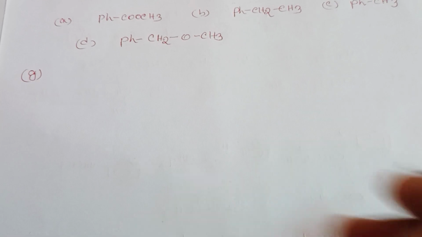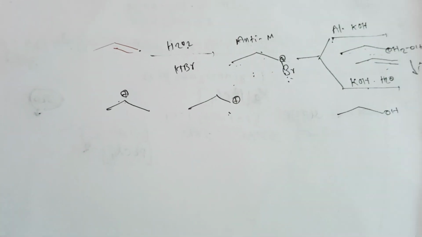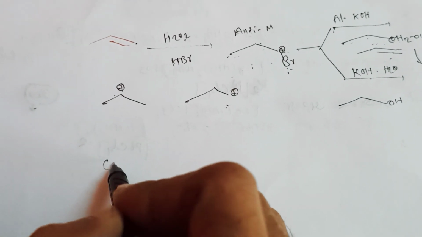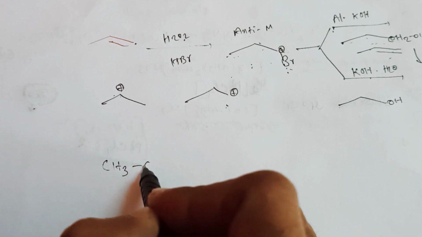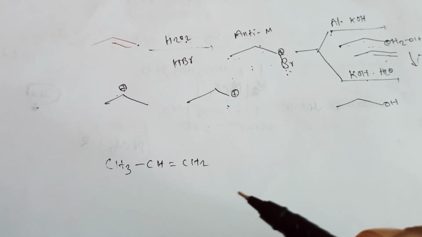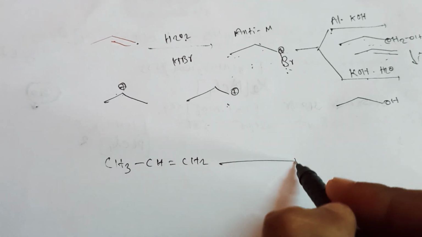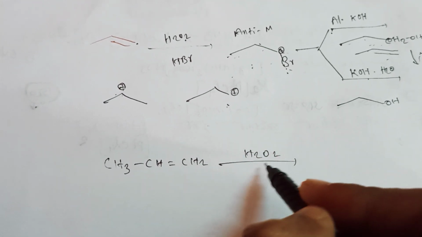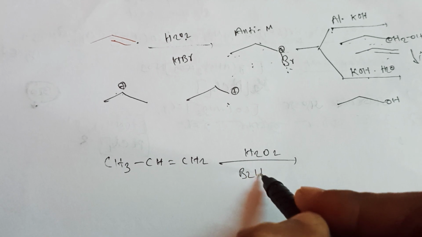In the hydroboration reaction, we take CH3CH=CH2 in the presence of H2O2 and B2H6.